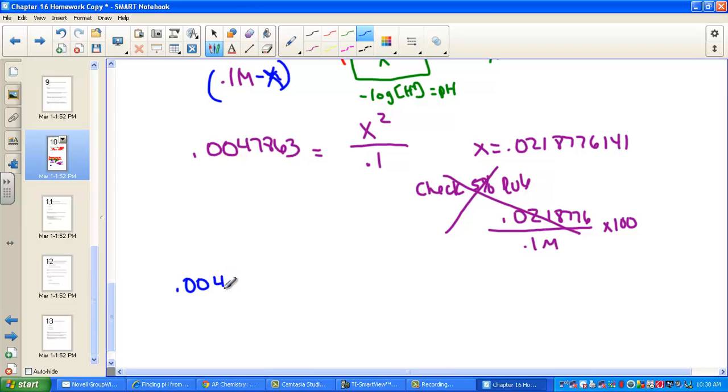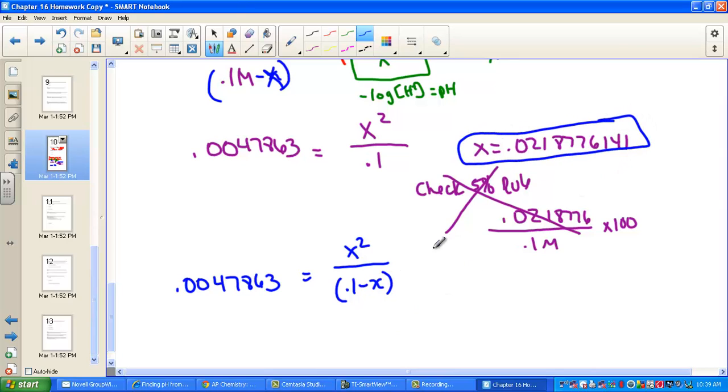The Ka, 0.0047863, is equal to x squared over 0.1 minus x, solving for x. Here was the calculated value of x, tossing out the quadratic equation.